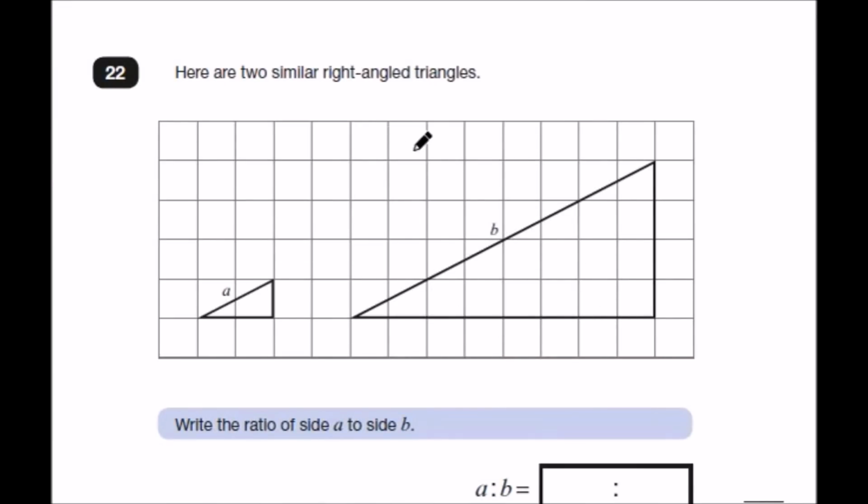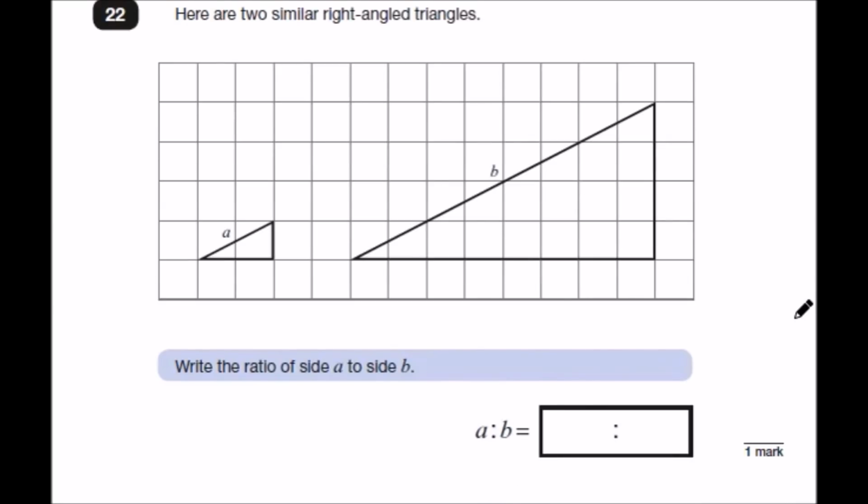So here are 2 similar right angle triangles, A and B. Similar as in they have the same angles and design, just B would be a bigger version of A. So write down the ratio of side A to side B. The way I'll look at it, I'll think to myself, how many times can side A fit across side B?